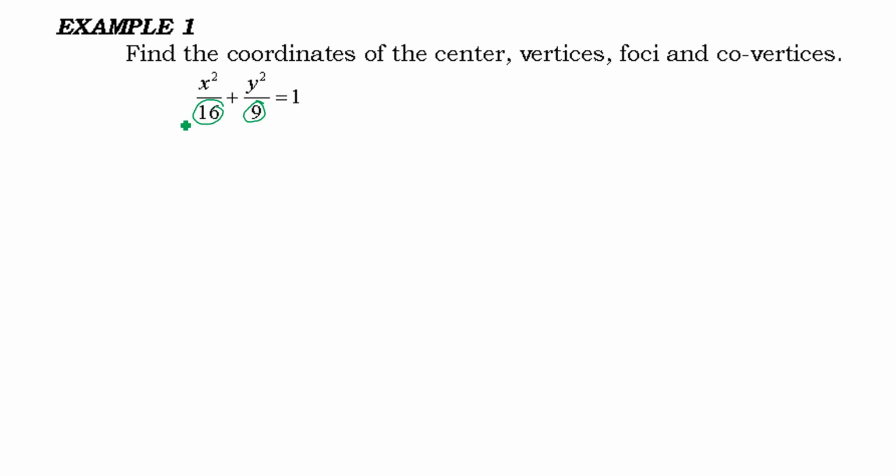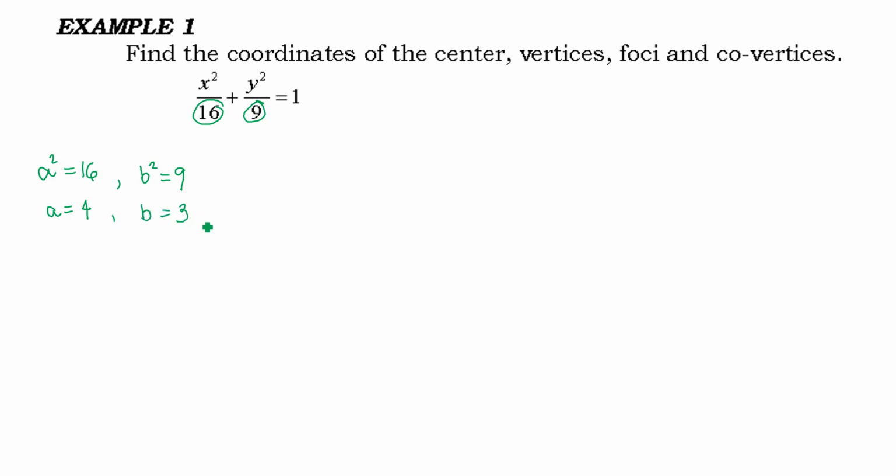So in other words, okay, we have a squared equals 16. And, of course, we have b squared equals 9. Now, getting the principal root of a, then our a would be 4, and our b would be 3.